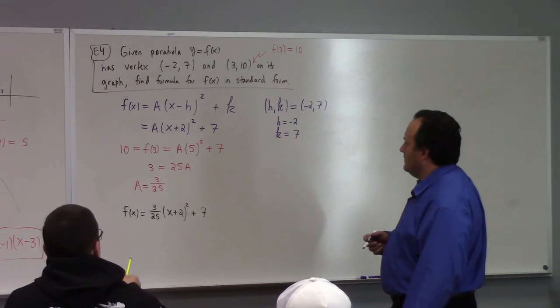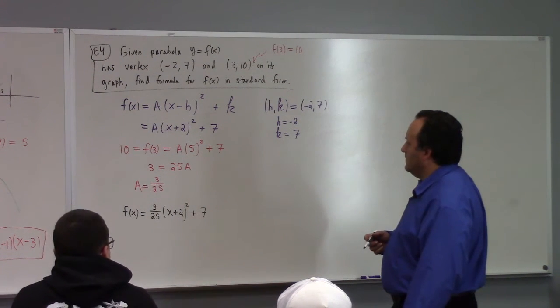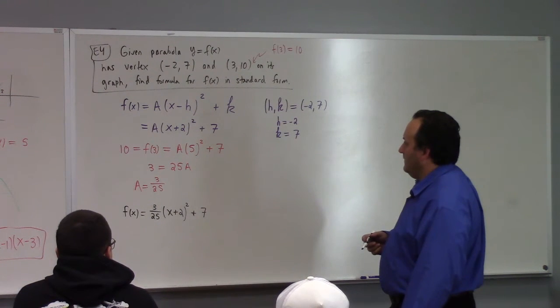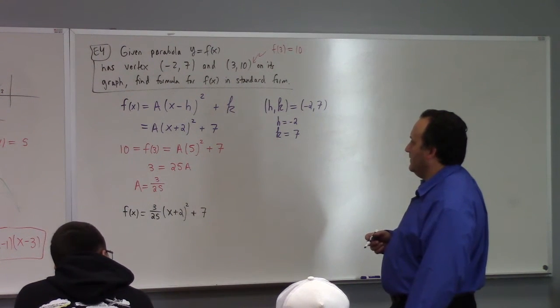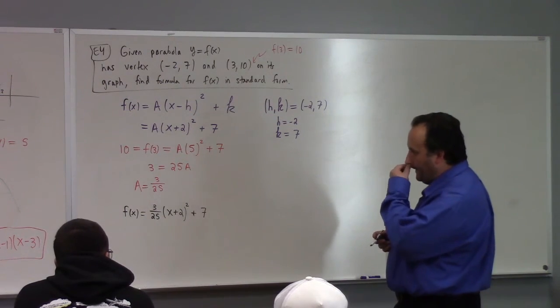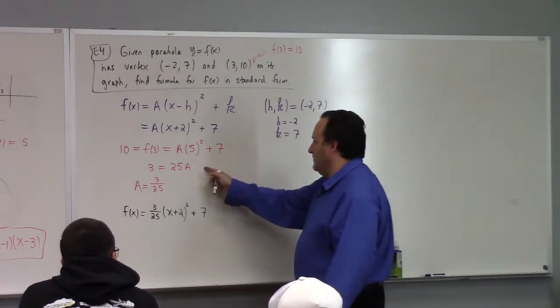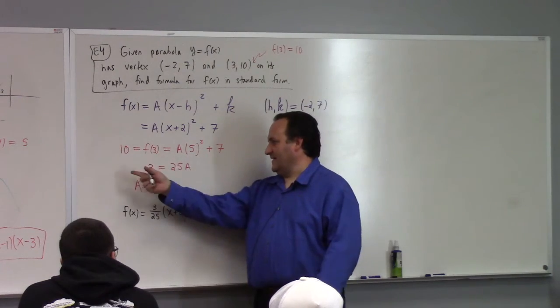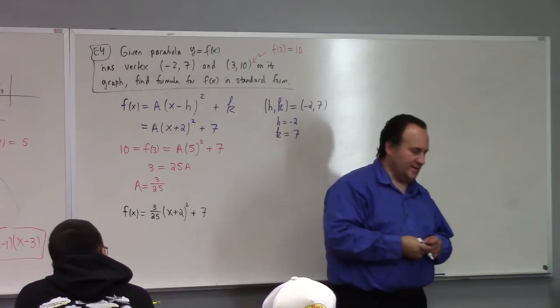You subtracted the 7 in the red. He's asking wouldn't it be 10 or 25a? You're supposed to add 7 to the 3. But he moved it to the other side, so I subtracted 7 from 10 to give you the 3. Oh, from here to here? Yeah, I subtracted 7 from both sides. And okay.